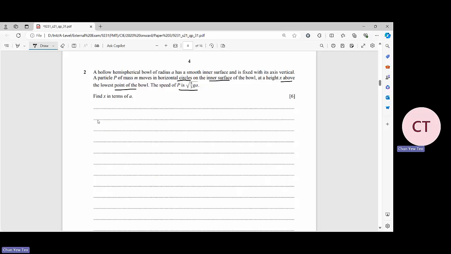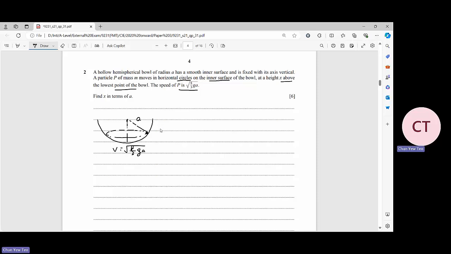So the shape looks like this. You have a hemispherical bowl. Then you have a particle P moving in a horizontal circle like this, and the radius of the bowl is A. You're moving with the speed V equal to the square root of 8 over 3 GA.